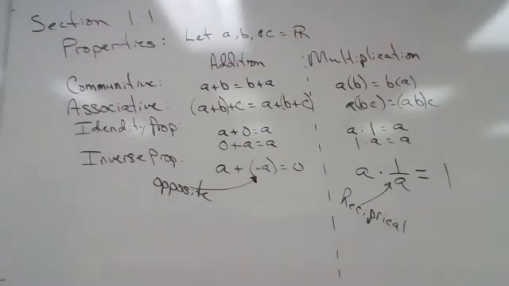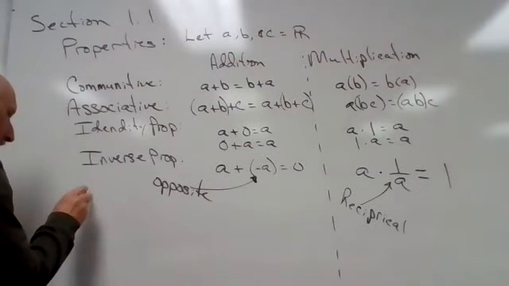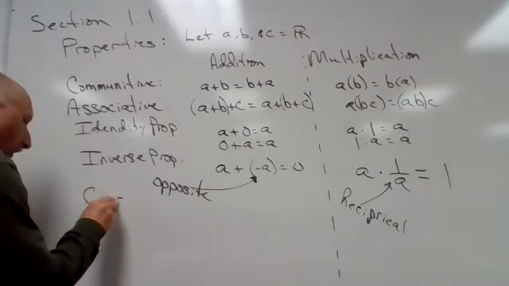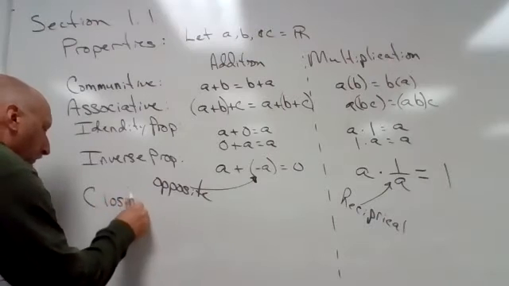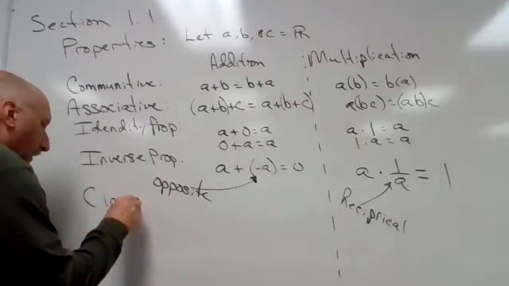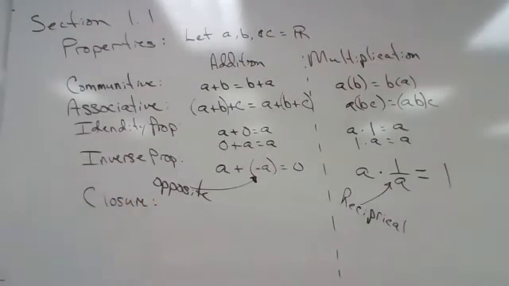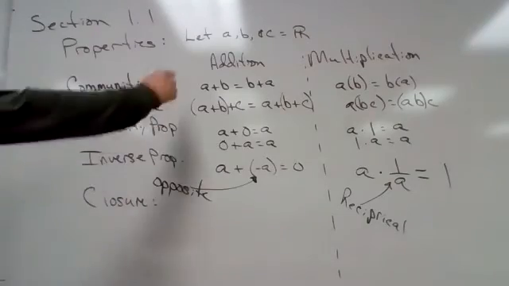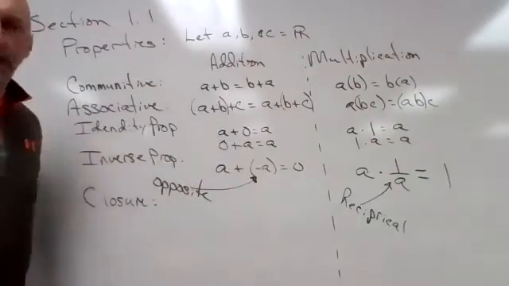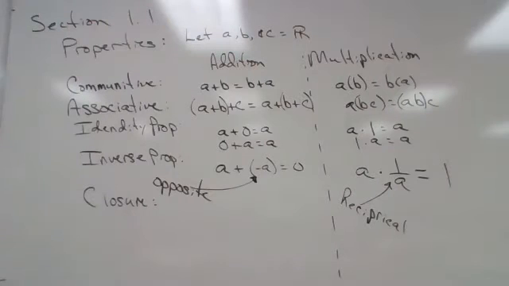All right. The last thing I want to talk about is something called closure. Kind of running out of space here. Closure. Closure is simply this. If I'm starting with real numbers, my answer is going to be a real number, okay?